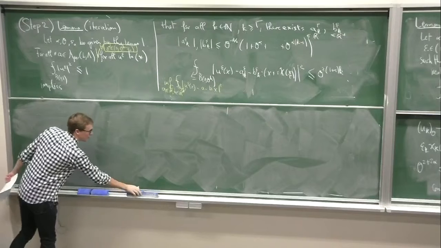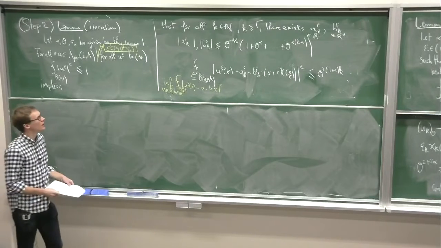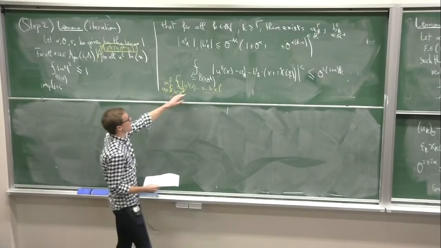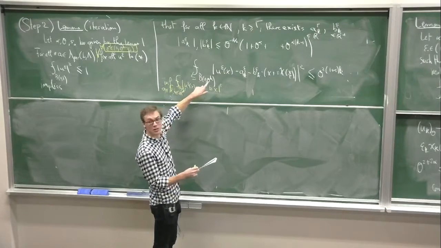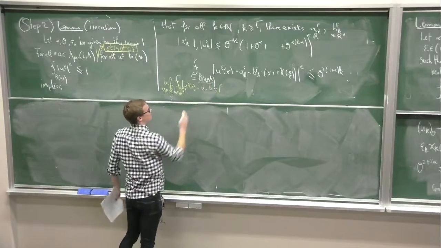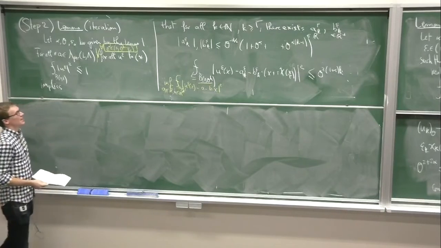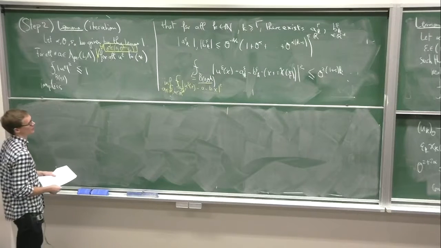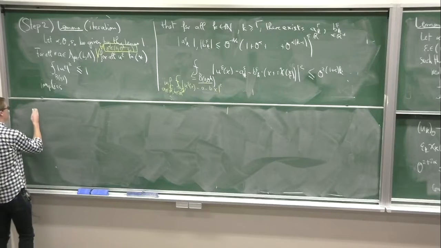May I ask, I cannot see on what domain do you integrate that? So the ball centered at 0. The yellow one. Oh, okay. Yeah, sorry. Thank you. So the iteration would be easier.